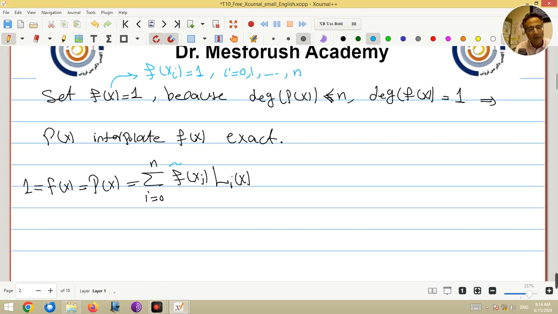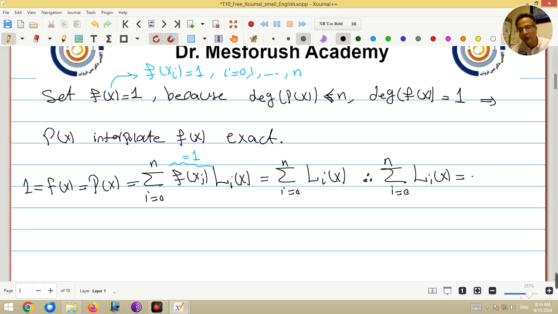So I put here, instead of all f of xi, I put 1. So I get the sum over i from 0 to n of Li of x, and this completes the proof. So the sum over i from 0 to n of Li of x equal to 1.